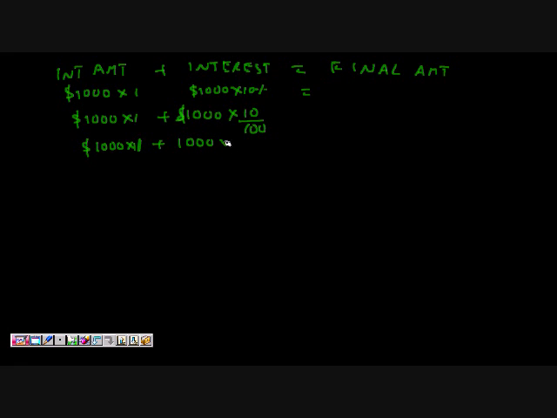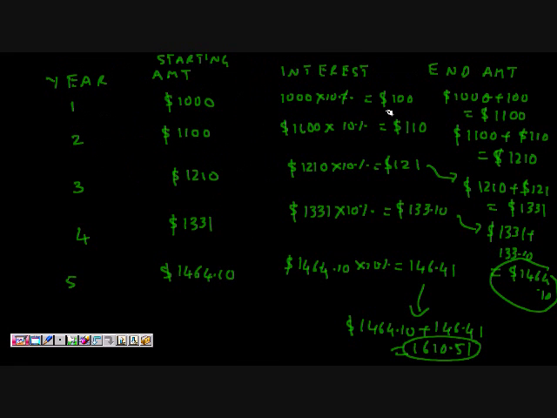So if you take out 1,000 common, which is 1 plus 0.10. Okay, this is the final amount, which is equal to $1,100. We know that $1,000 into 10%, we had actually calculated that here, which is $1,100. So that's the amount that we have here, $1,100.